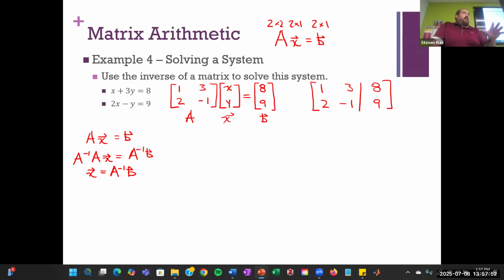So before we actually do that, any questions about why that is going to work? Are we okay with the idea that this is a valid way to go after this solution? All right. If we're okay with that, then how do we find A inverse? Need the determinant. What's the determinant going to be here?